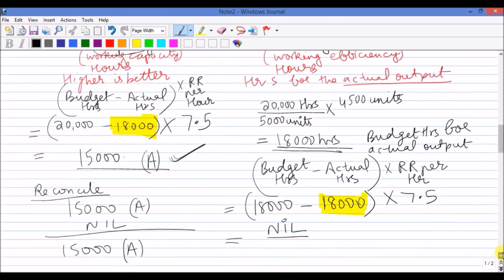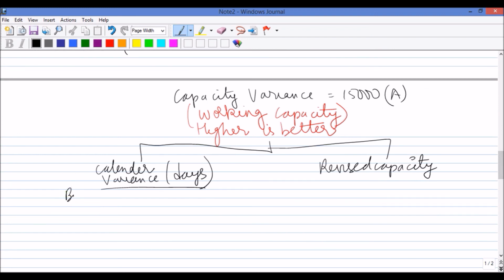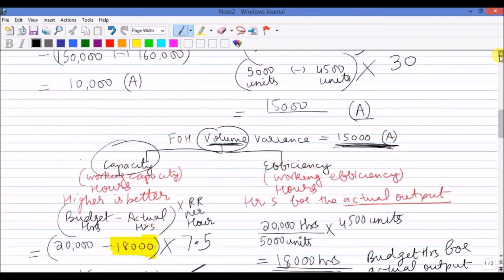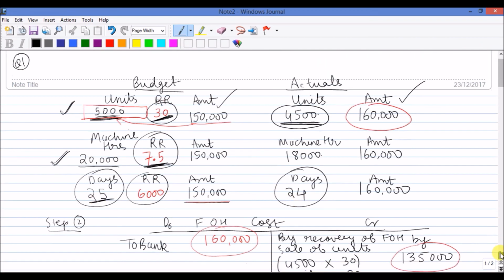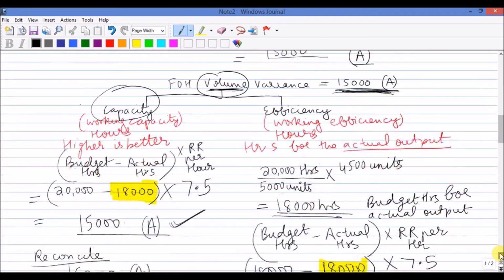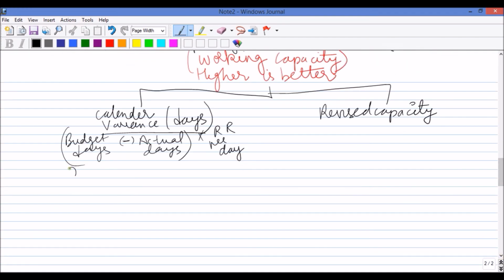So we have our budgeted days, then we have to subtract the actual days, and then we have to multiply with the recovery rate per day. So 25, 24 and 6,000.